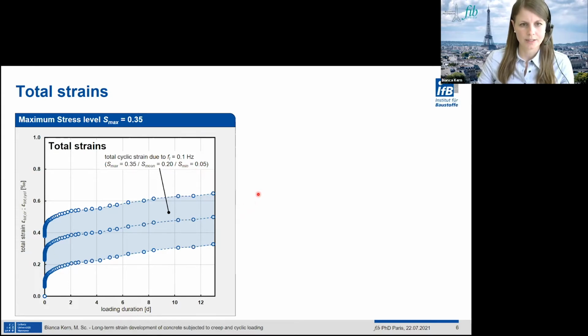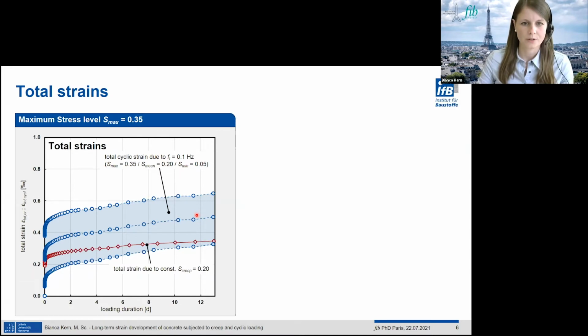The sinusoidal stress leads to a sinusoidal strain curve. In the selected type of data presentation, the strains at maximum stress, mean stress, and minimum stress are displayed by the blue curves. For the stresses in between these curves, the strains are marked as the blue area.